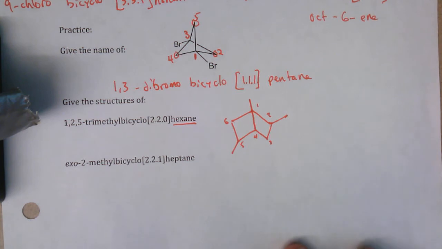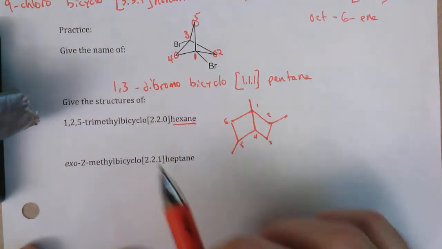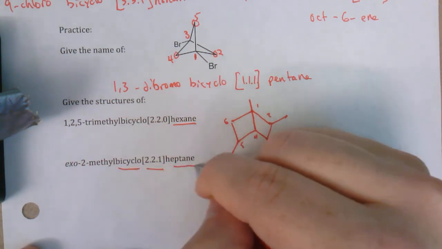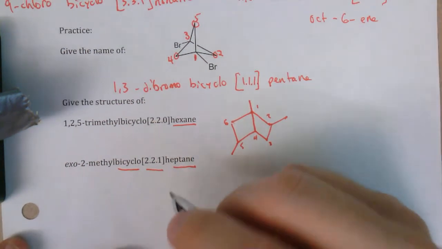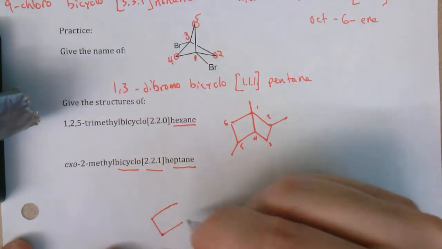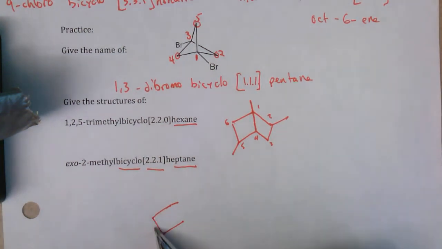Okay, last one. This is exo-2-methyl, I'll pay attention to that more in a second, bicyclo-2,2,1 heptane. All right, so I like to try to generate in my mind my bridgehead carbons first. So here's my 2-carbon bridge. This must be my bridgeheads then, or whatever's connected to this.